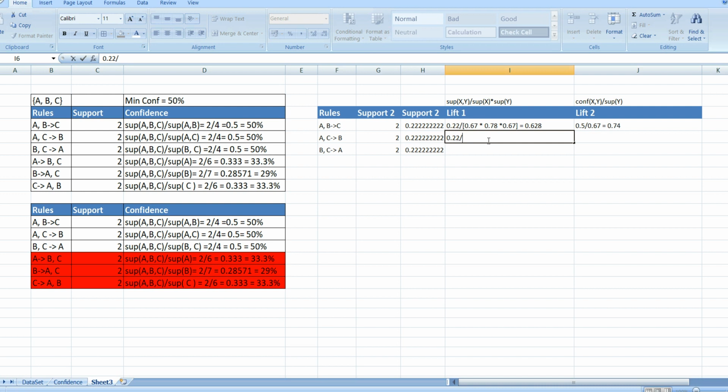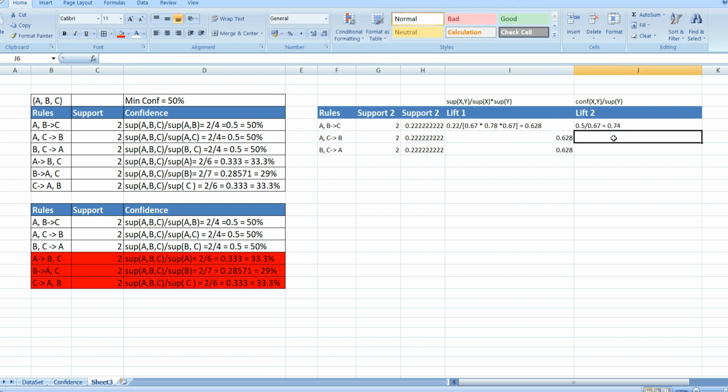So really it does not change, and therefore our answer there will remain the same for all these combinations, which gives us 0.628. Again, we get 0.628.